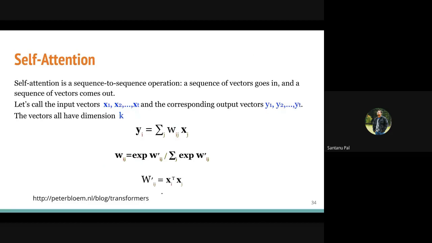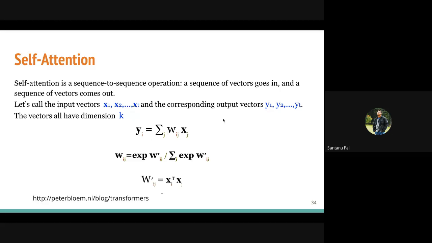So now self-attention in detail. Let's say we have a sentence x1, x2, to xt, and it will provide an input vector. In this case, it is not actually the input vector, so let's say it is just the input vector for the attention layer. It will provide some output vectors y1 to yt, which have dimension k.